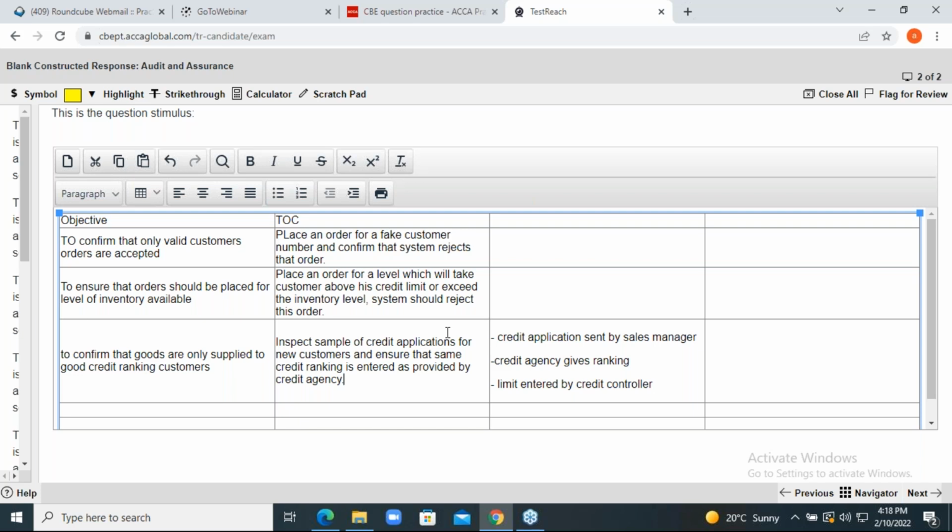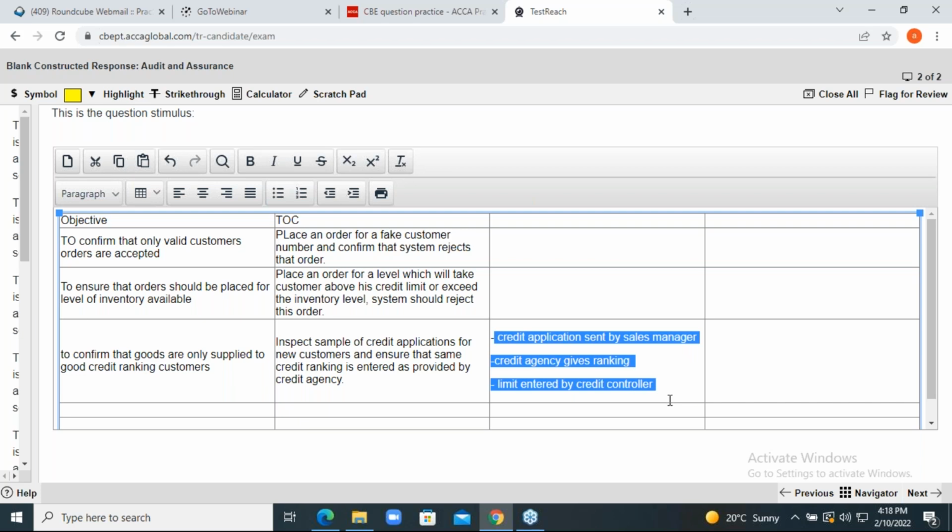So we are going to tally the system with the credit application. What should be the same? The credit agency limit should be the same. By reconciling this process, we can confirm whether each sub process was working effectively or not.